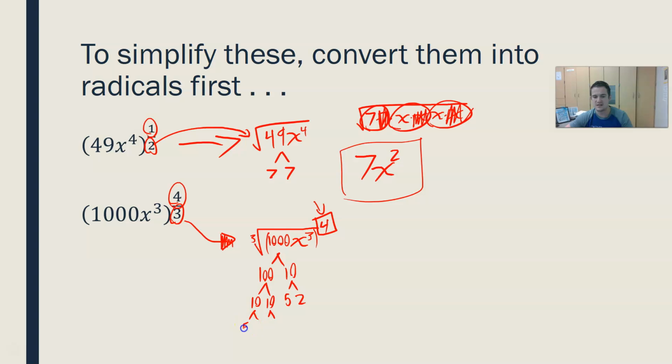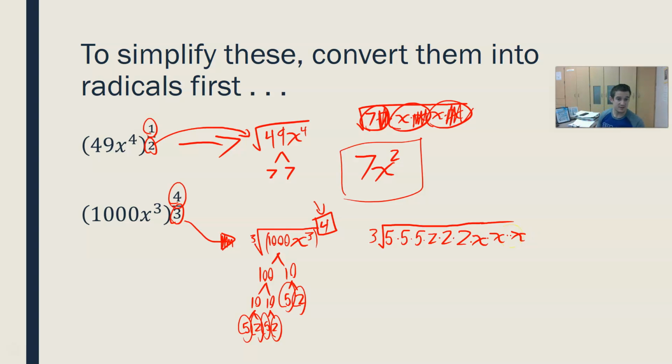Each of these 10s is 5 times 2. So the cube root of 1000x to the third, I have 3 5s and 3 2s. So 5 times 5 times 5 times 2 times 2 times 2. And then times x times x times x, because I have 3 x's.